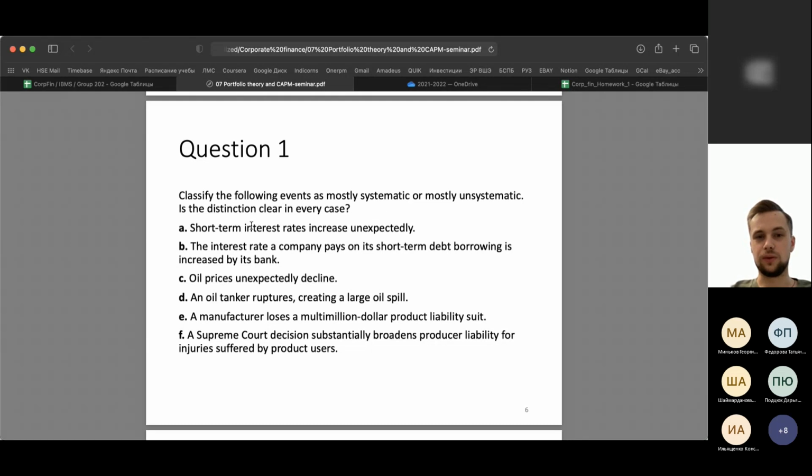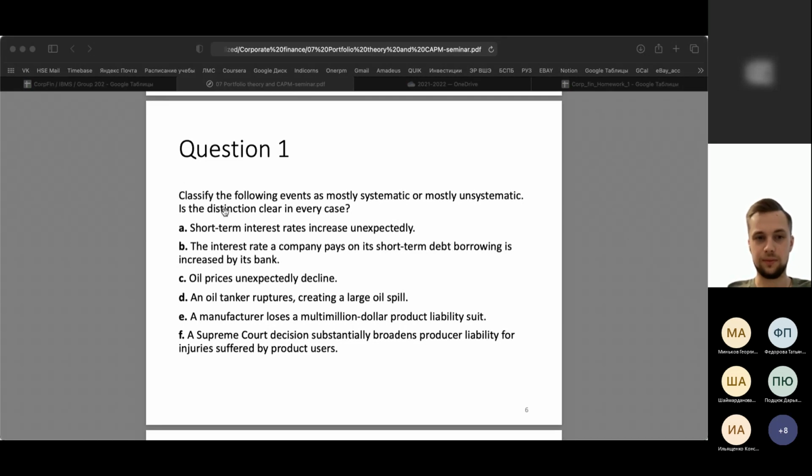So these short-term interest rates, if we speak from this perspective, short-term interest rates increase, do they affect all the companies or just one company? May I answer? Systematic affects the whole market, and unsystematic affects a specific industry or company, right?